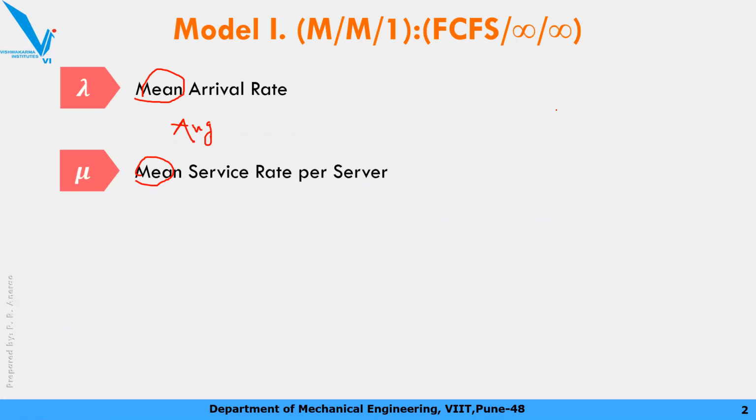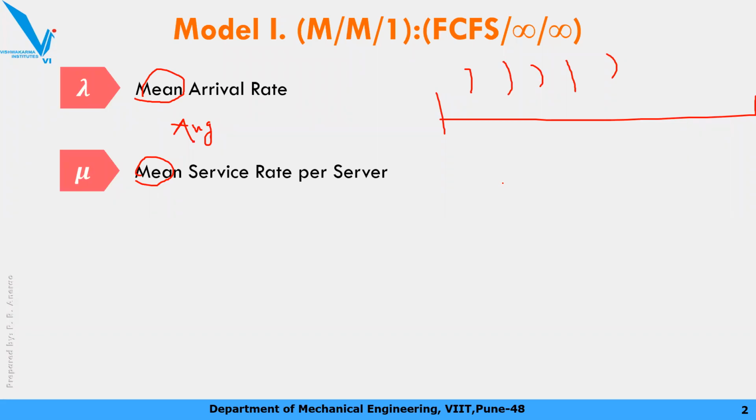We don't know exactly at what time which customer or how many customers are coming. So we put a time frame. During this time frame, how many customers are arriving, so that rate is calculated.